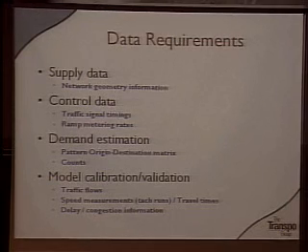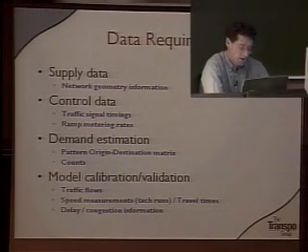Then there's the demand side of the simulation, which is coming up with an origin-destination trip table, or most of the time, because we're dealing with dynamic modeling, we want to come up with a series of OD tables that can be 15-minute OD tables or 30-minute OD tables, so as to capture the variation of demand over time.